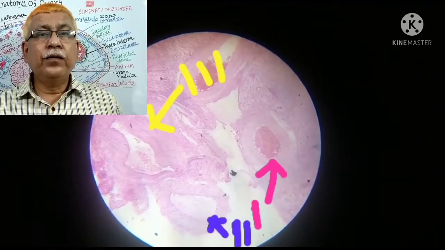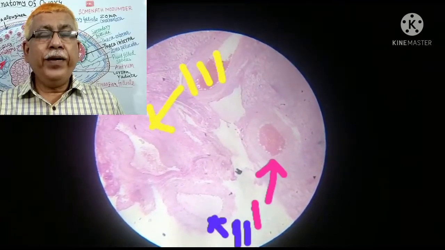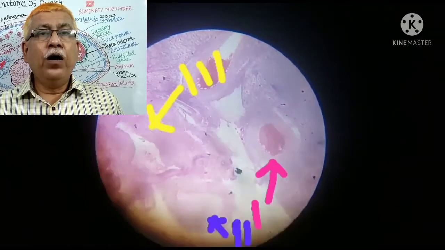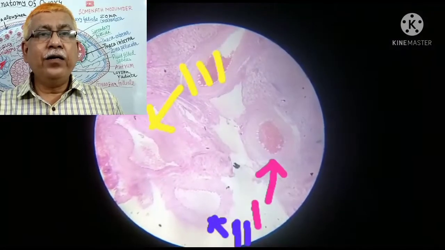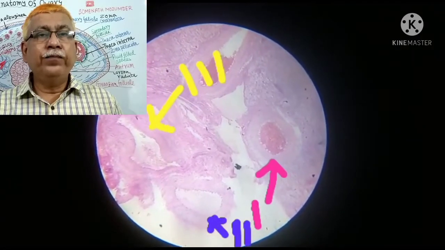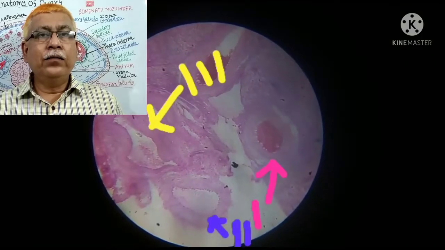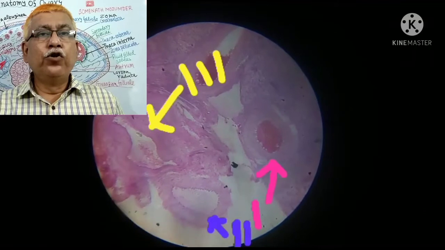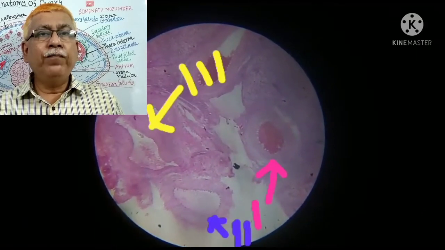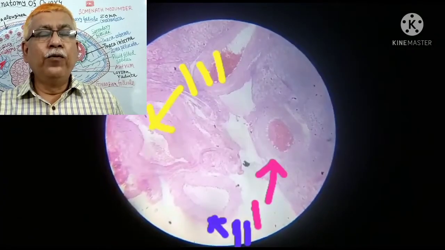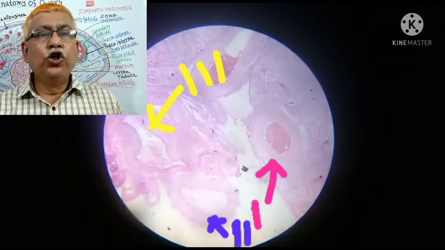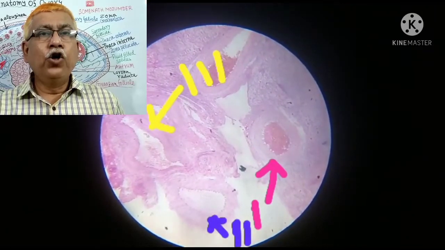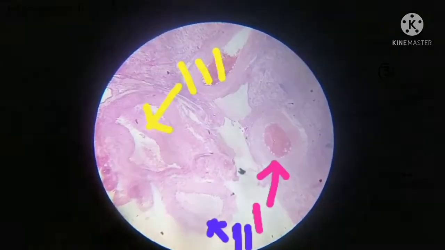This is microscopic video clip of transverse section of human ovary. Roman 1 Graafian follicle, Roman 2 ovum after ovulation, and Roman 3 corpus luteum.